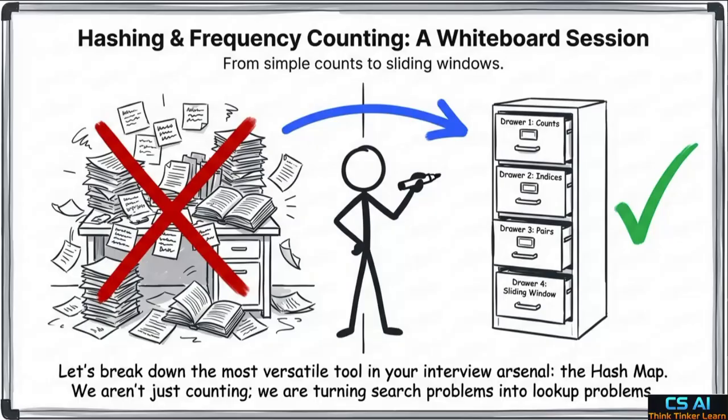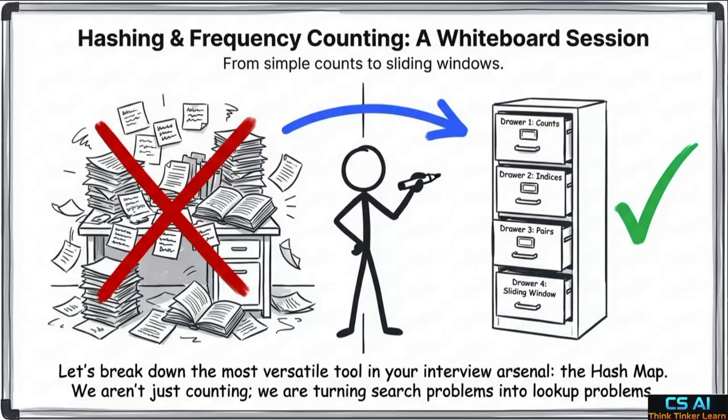I'm your host, and today we are diving deep into the whiteboard session on one of the most powerful and versatile tools in our coding interview arsenal, the hash map. If you look at the left side of the board, you see that messy desk of a search problem. Without a hash map, finding data is like rummaging through a mountain of loose papers. It's chaotic and slow.